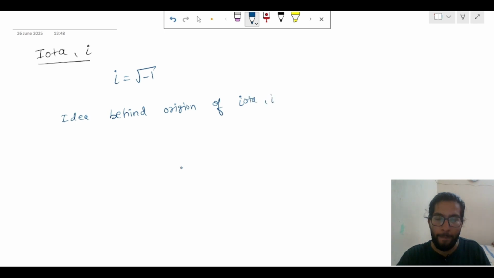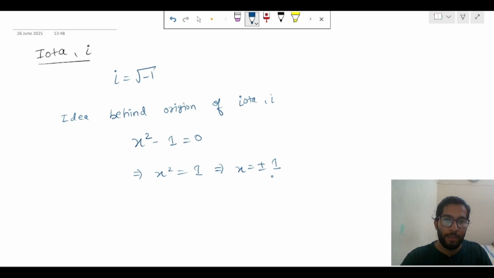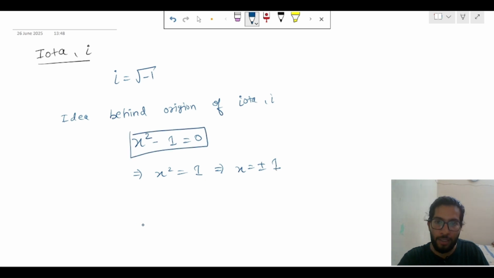Okay, so whenever we have done quadratic equations in class 10, we have done that if we have an equation x square minus 1 is equal to 0, then for solving this one we will do x square is equal to 1, which implies x is equal to plus minus 1. Okay, this is our solution for the equation x square minus 1 is equal to 0.